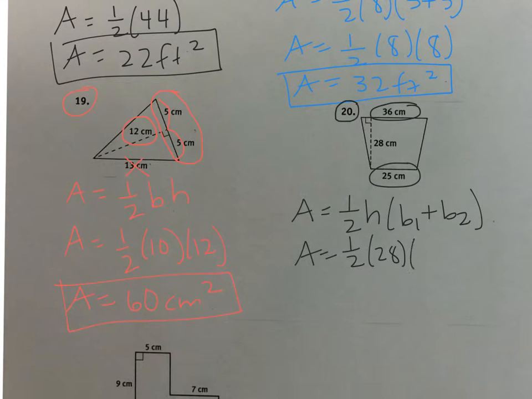Base 1 and base 2, 36 and 25. Doesn't matter the order there. 36 and 25 is 61. Let me move that over a little bit.